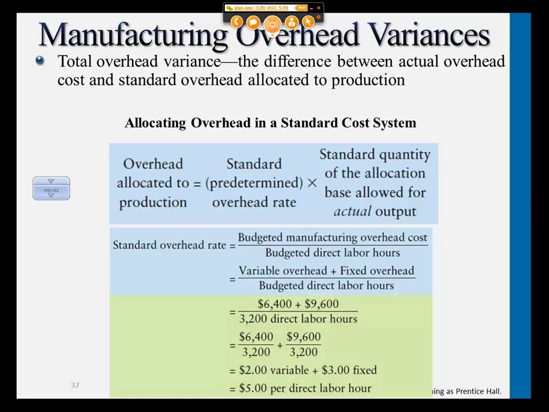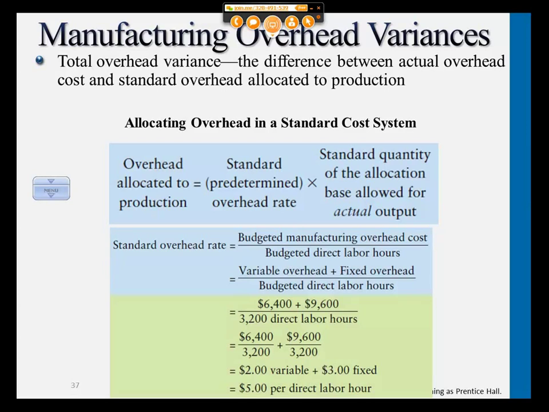Another thing let's go over is the standard overhead rate. To understand fully what our overhead allocated to production is, let's look at the standard overhead rate in a little bit of detail. What is this standard overhead rate? Both numbers that we're going to be using in calculating the standard overhead rate are the budgeted standard numbers, right?